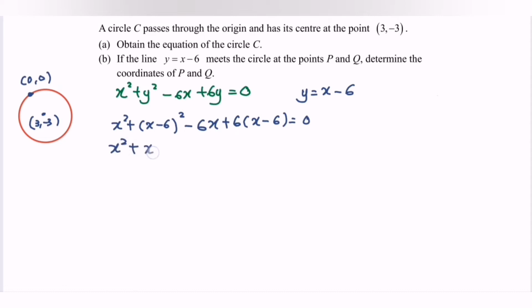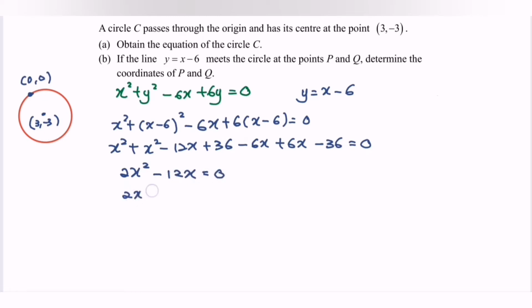We will have x squared minus 12x plus 36 minus 6x plus 6x minus 36 equals 0. So kindly simplify the situation. We will have 2x squared minus 12x equals 0. Kindly factorize 2x, so we will have x minus 6 equals 0. So x will be equal to 0 and x will be equal to 6.